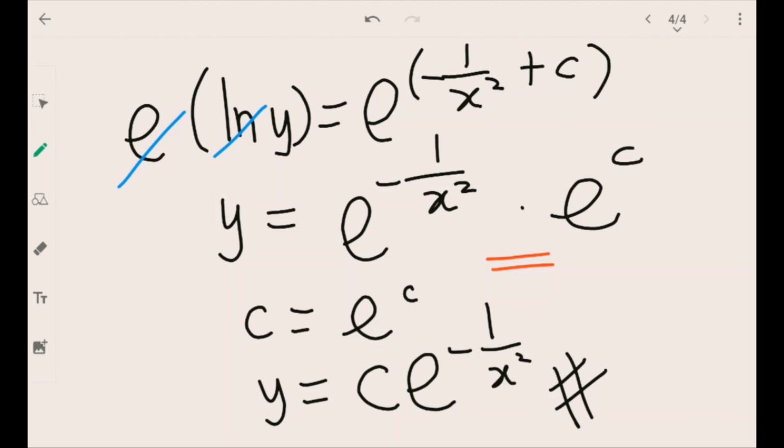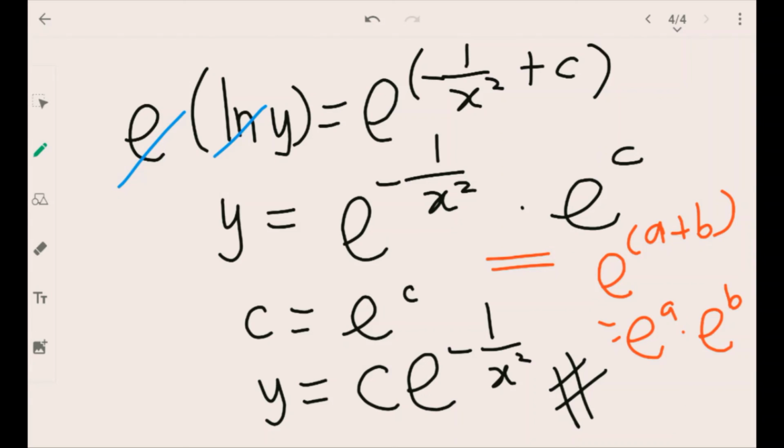Why is it times? Because in the logarithm law, exponential to the power of a plus b becomes exponential a multiplied by exponential to the power of b.